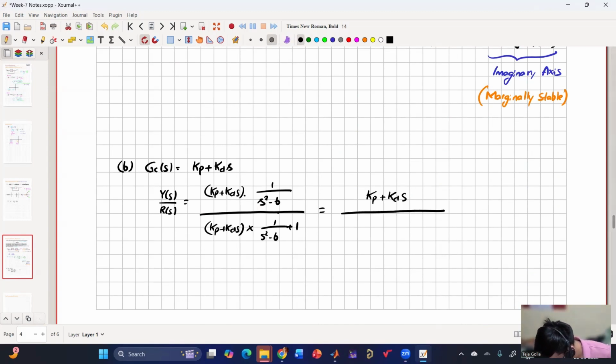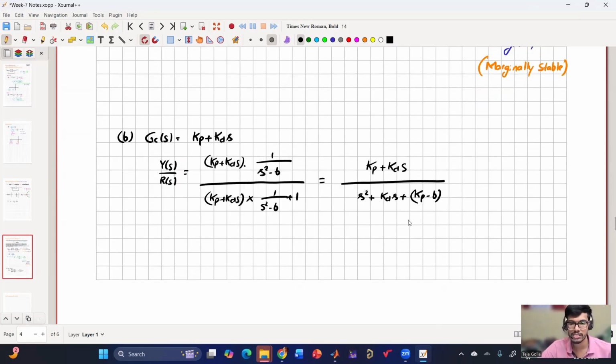My denominator has s square plus Kd s plus Kp minus b. So this is my closed loop poles. So now can I stabilize the system? Yes, very good.